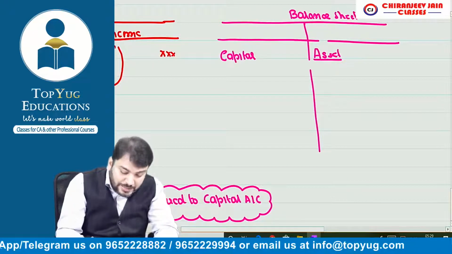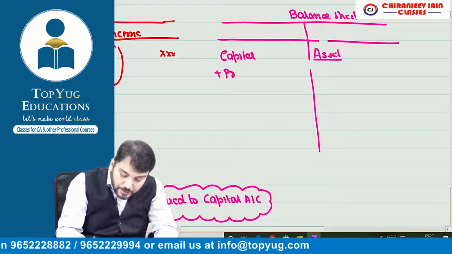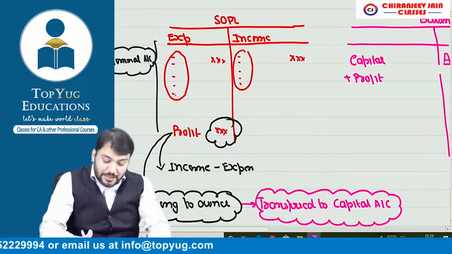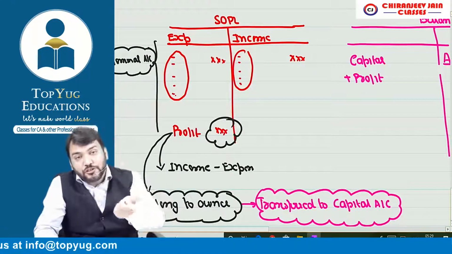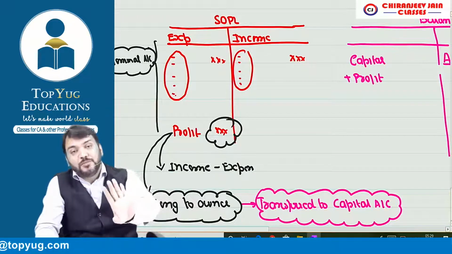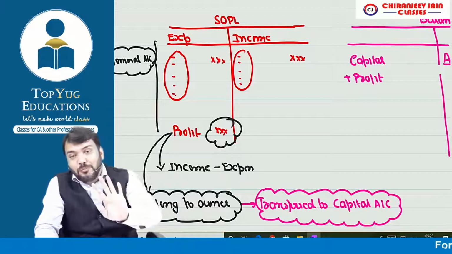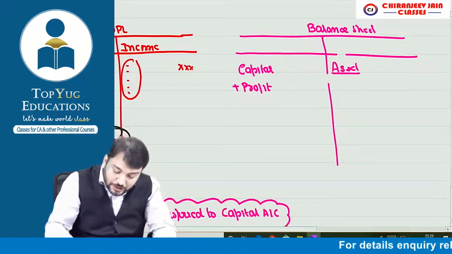Correct? Can I say in capital we will add profit. There can be loss also. Means if the expense is more than income, then that is loss. So that loss will also be transferred to the owner. So if we add profit, we will subtract loss. Have you understood this point? Yes sir. Correct.